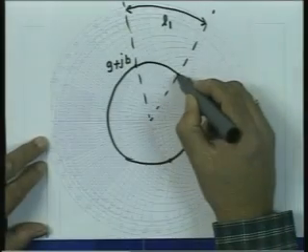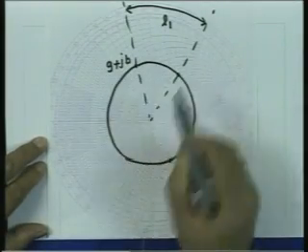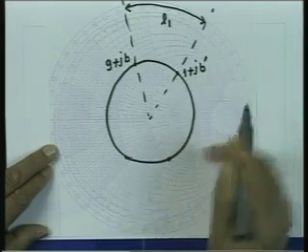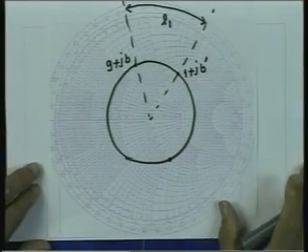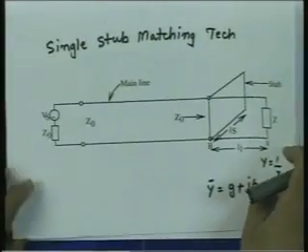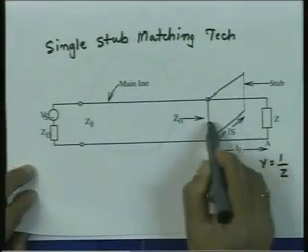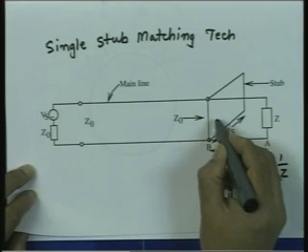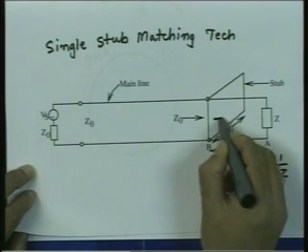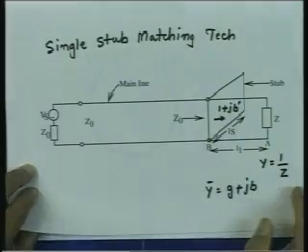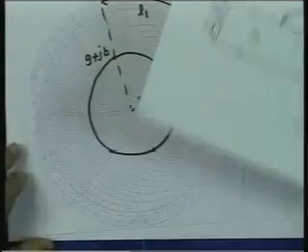Now, at this location the value of the admittance is 1 plus, let us say, some JB prime. So, without a stub, if I move on this line and look towards the load, I will see here an admittance which will be 1 plus JB prime.